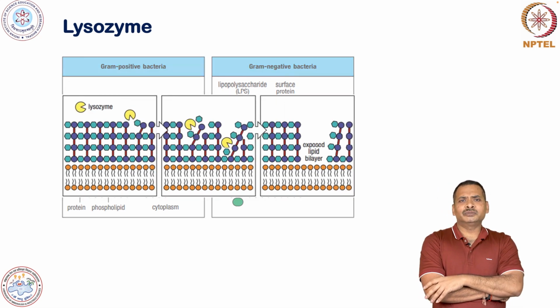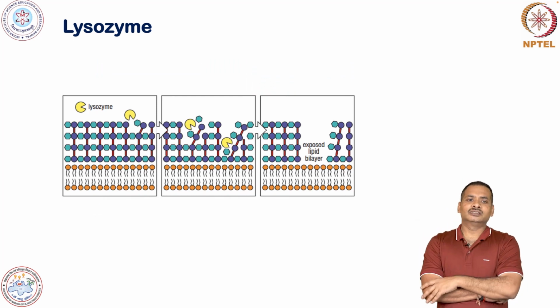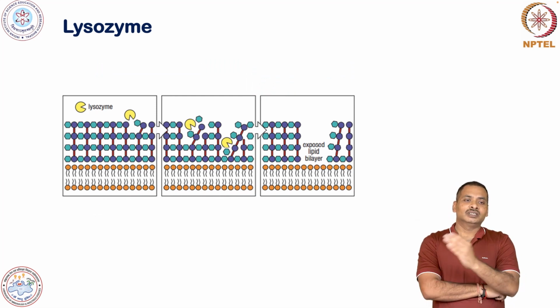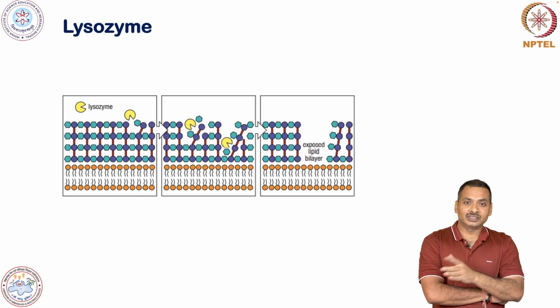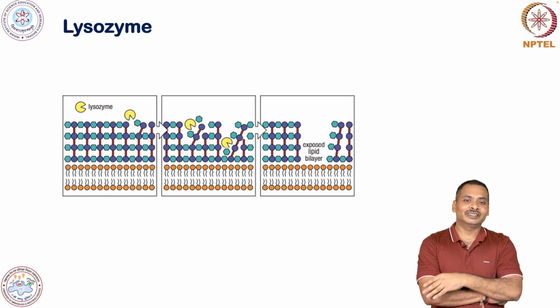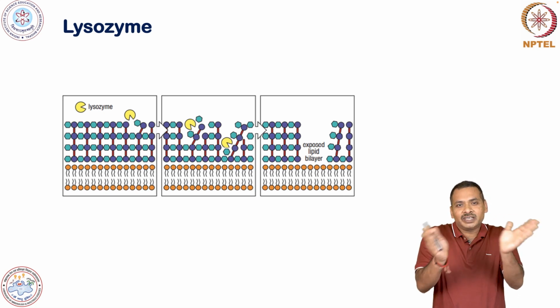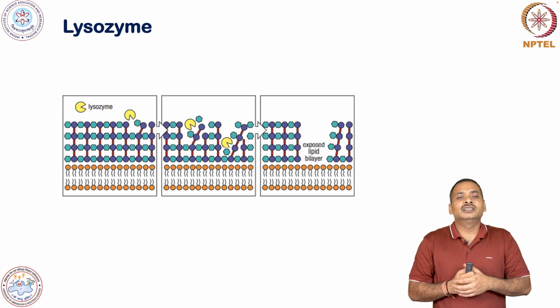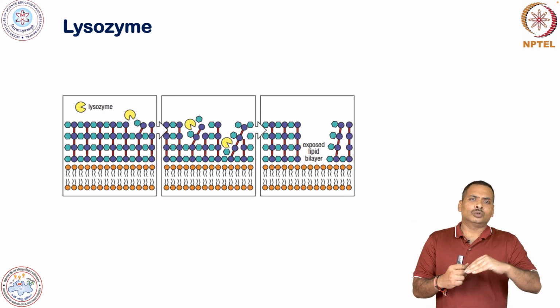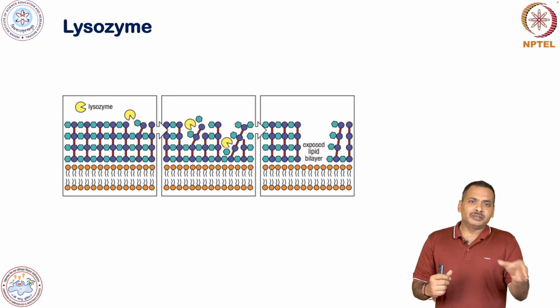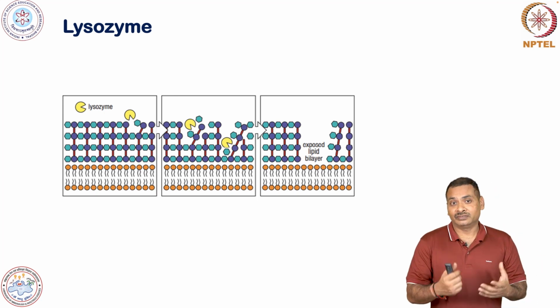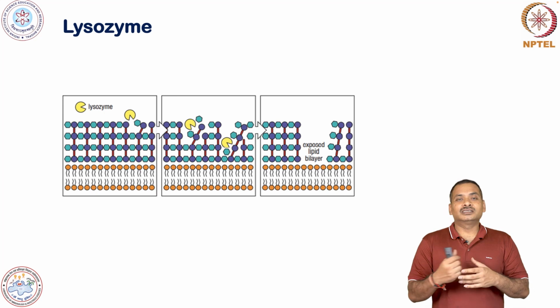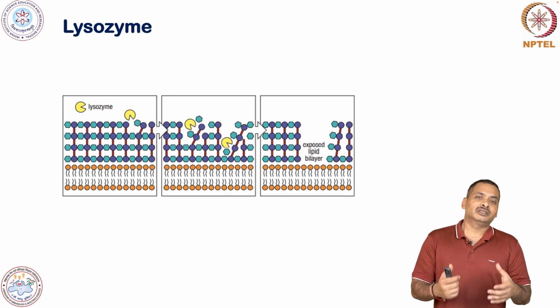So what lysozyme is doing here, you can see in this very nice cartoon, is that it basically cleaves this peptidoglycan, disrupting the peptidoglycan layer and opening the membrane part of the bacteria to the environment, and there are several ways by which this can be disrupted.